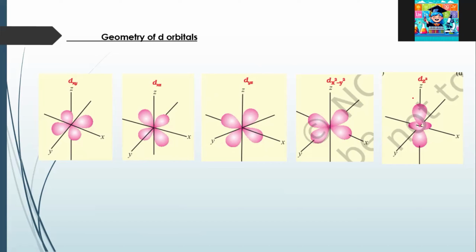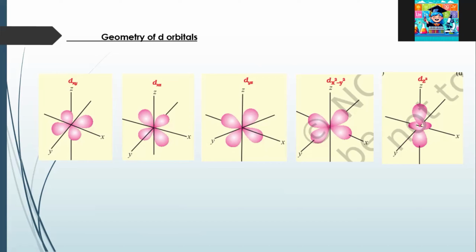Now coming to the dz square orbital, here the shape is like this. One lobe is along the z-axis, and a ring of electron density is there around the origin of these three axes. So this is the geometry of dz square.